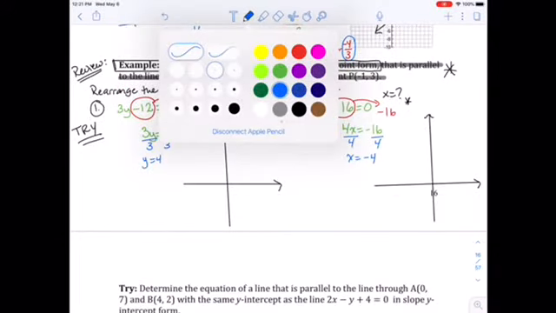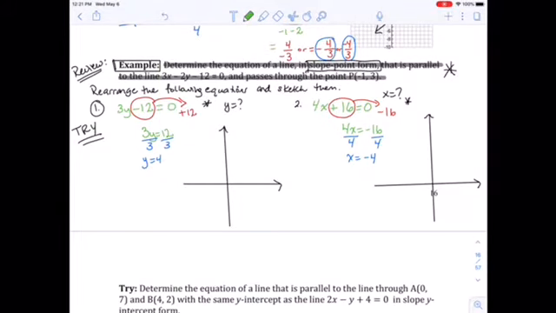Okay then, so what I did was I moved over my negative 12 and I got a positive 12, and then I divided both sides by 3 to solve, and I got y equals 4 for question number 1. Now, if we think back, let's put this back into something we know. We know that the line y equals mx plus b forms a linear graph, it's a linear function.